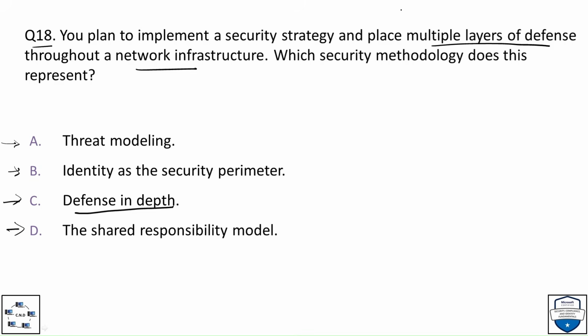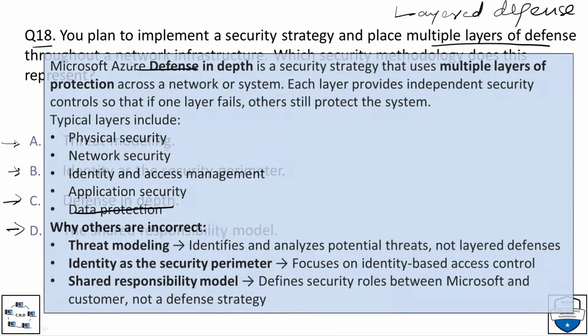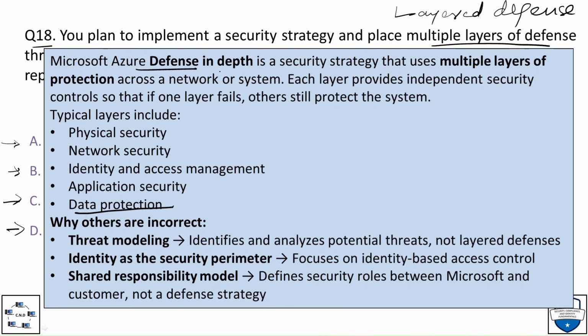Sometimes it is also known as layered defense. So in this type of defense, we have multiple layers of control, not just one. Microsoft Azure defense in depth is a security strategy that uses multiple layers of protection across a network or system.